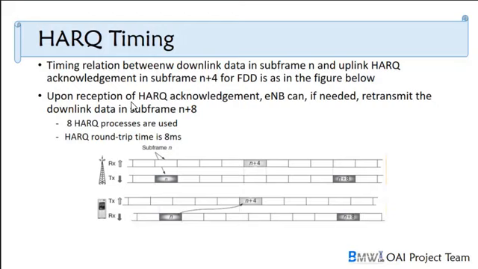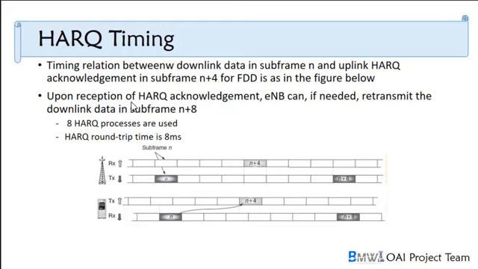And this is for the HARQ timing. The timing relation between downlink data in subframe N and uplink HARQ acknowledgement is subframe N plus 4 for FDD. You can see in the figure below.